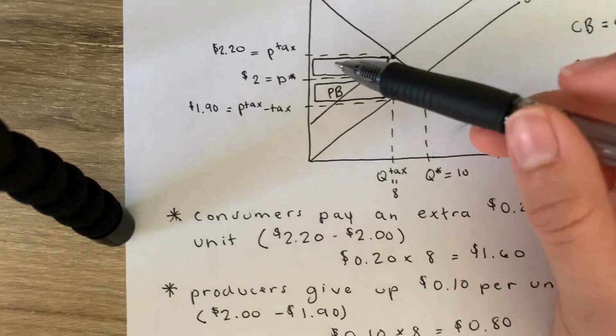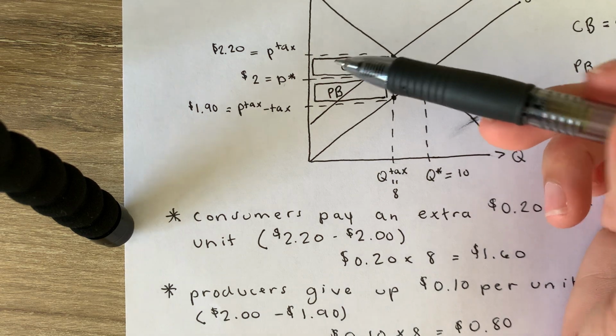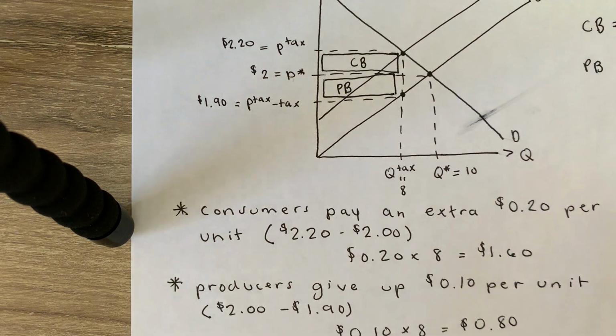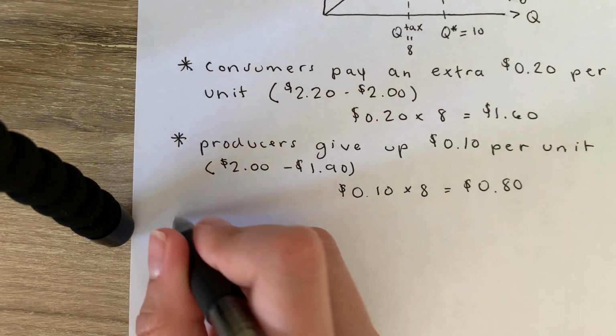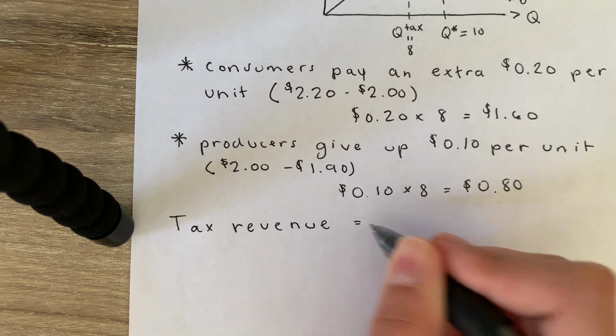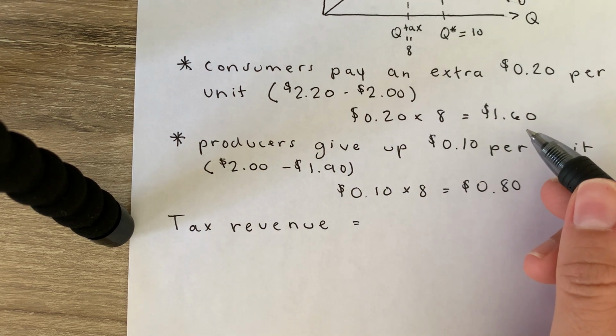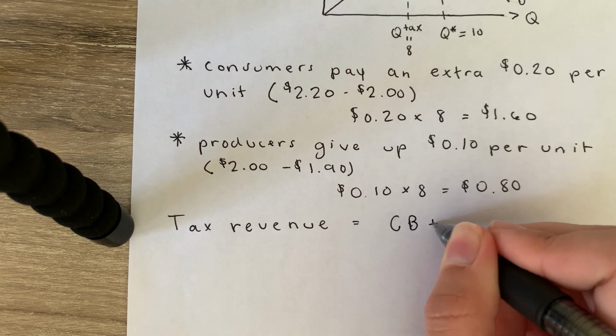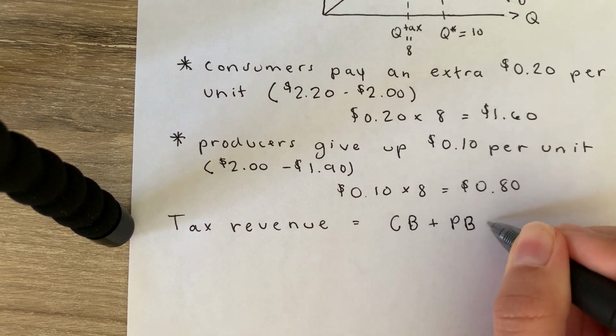right? And then what is this whole rectangle area called, right? So we know that this is the tax revenue, this whole thing, right? So that tells us that our tax revenue is equal to, well, it's simply these two things added together, right? It's simply the CB, consumer burden, plus producer burden, right?